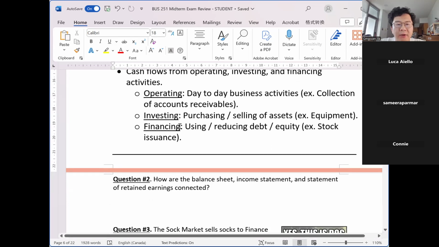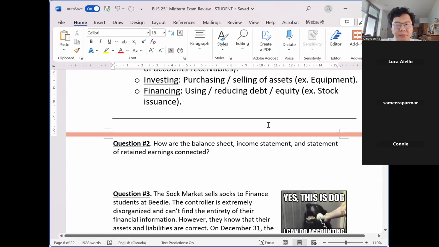And for financing activity, it basically means that you are financing from the market. You are using debt or you are paying out the debt, or if you are issuing stocks to finance yourself from the market, and these activities will be financing.